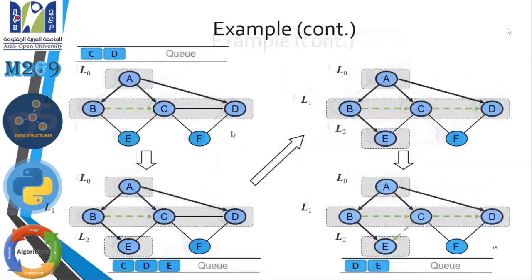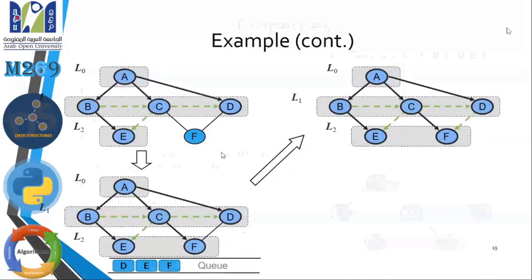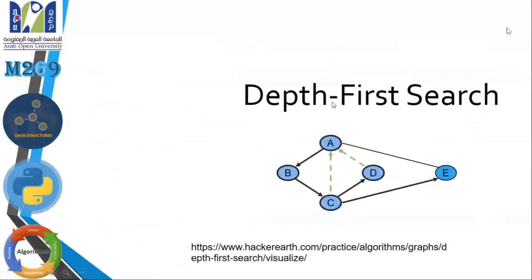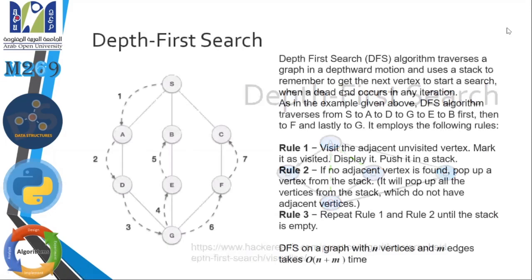Now in this example, let's go to the next one, which is depth first. Now look at the depth first. A, B, D, E, C. Same idea. You will select an initial value.